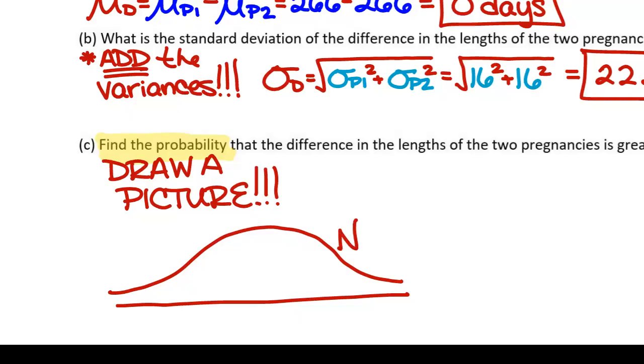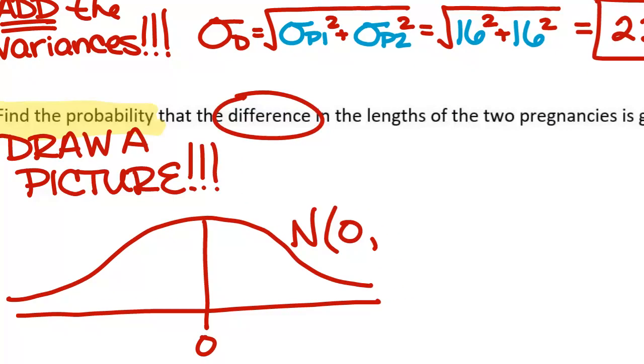It is normally distributed. This is for the difference in the lengths of the two pregnancies. So what is my mean for the difference? 0. So right down the center of this, we have 0. And the standard deviation is 22.627. Don't forget to label both of those.